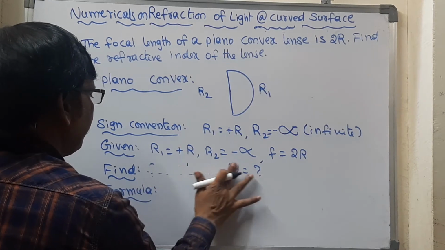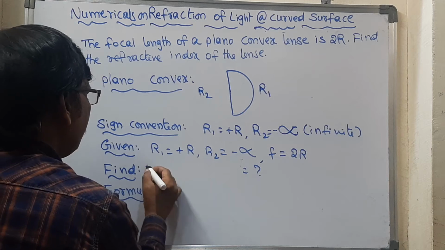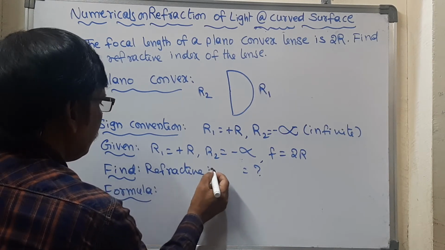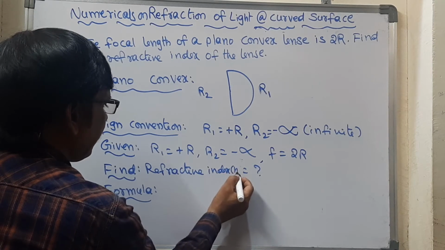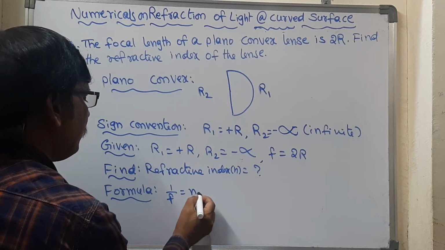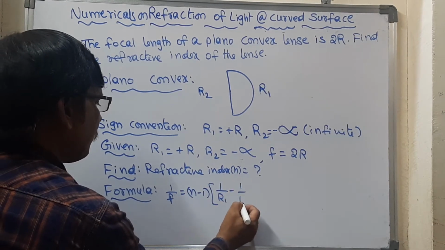Sorry, a small correction: the refractive index. Refractive index is represented by which letter? N. So N we have to find. So then what is the formula? 1 by F is equal to N minus 1 into 1 by R1 minus 1 by R2.